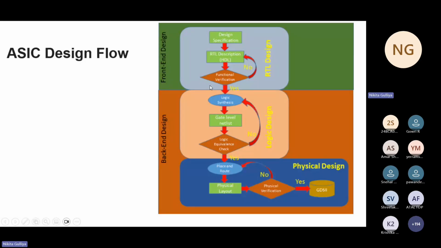So in tomorrow's session, I'll go over a very practical example of how the entire front end design is done. And then comes the back end design engineer, which is divided into logical design and physical design, with synthesis, gate level netlist to placement and route to GDS2.